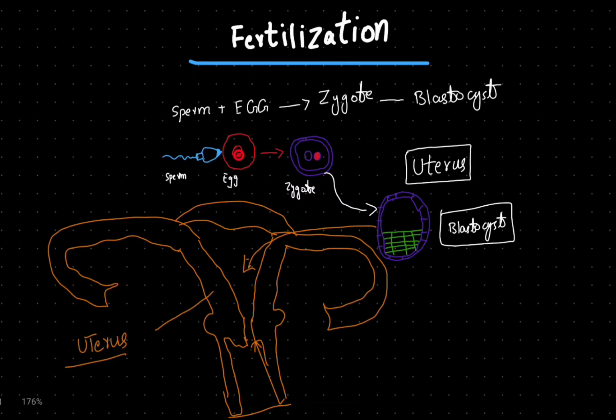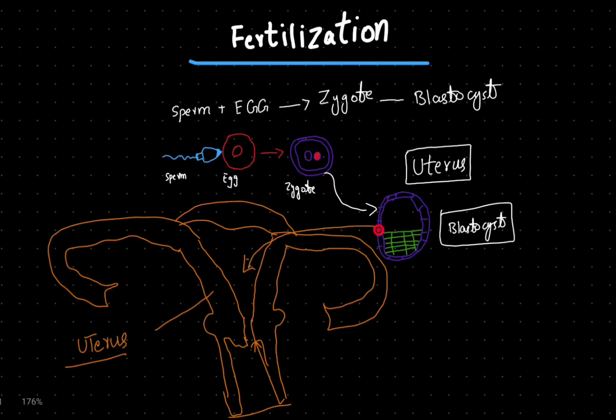We have discussed earlier that sperm connects with egg, and then egg and sperm combine and form a zygote. The zygote eventually develops into the blastocyst.